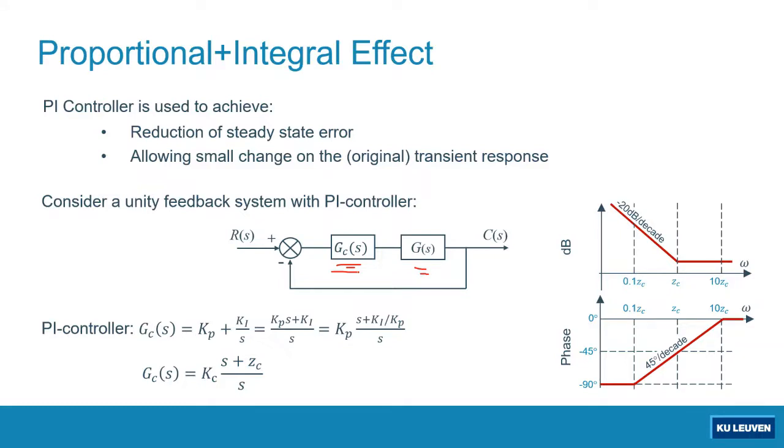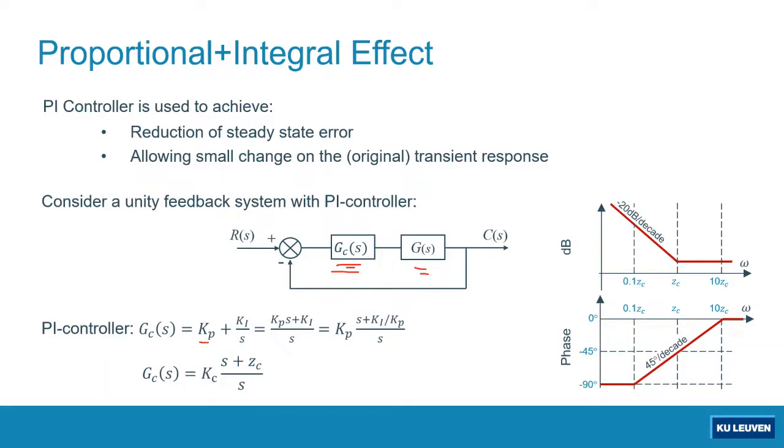What do I mean by dynamic characteristic? As the name implies, a proportional integral controller is a combination of proportional action. This is basically exactly the same as in the proportional controller, where you simply have a gain in your controller.